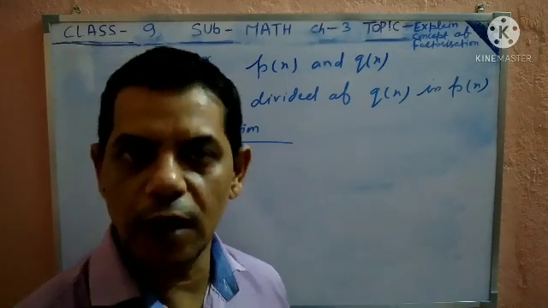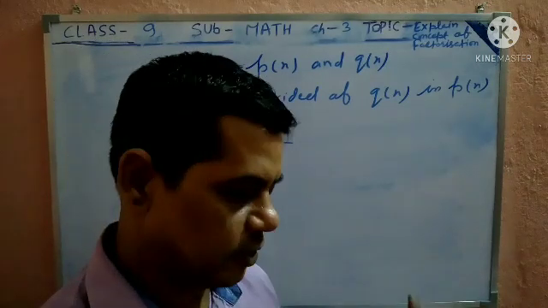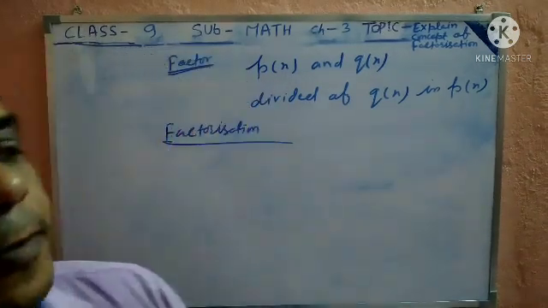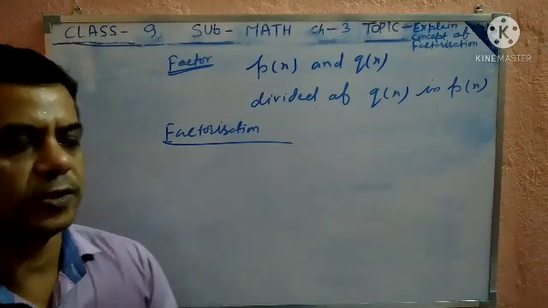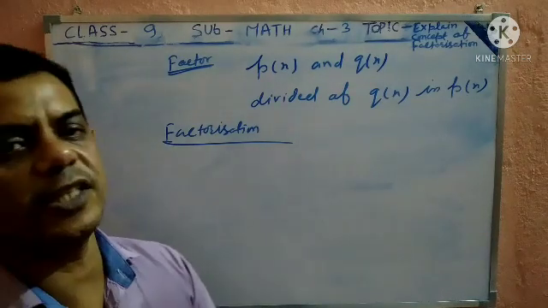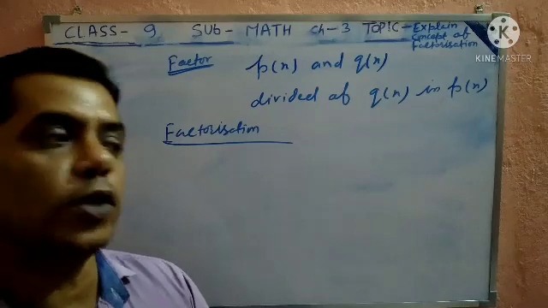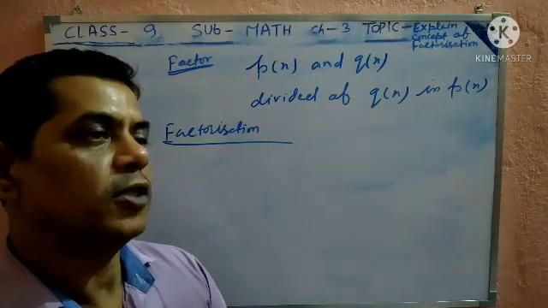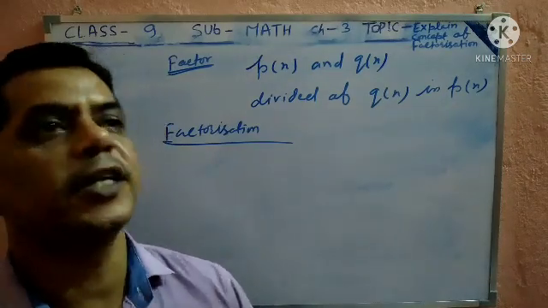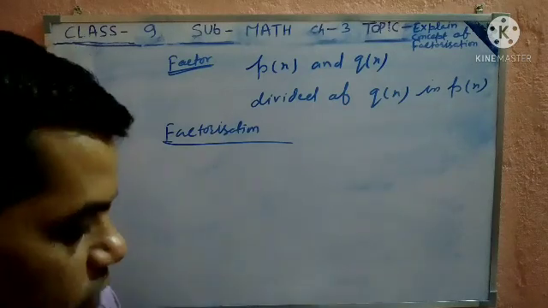That is what we call factorization: the degree has come to the lowest term and it is not divided by any further such term.